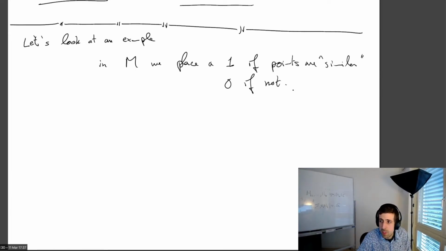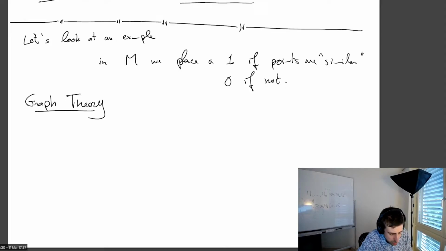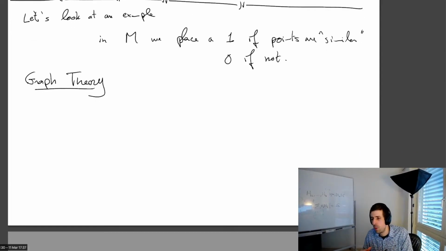And so basically this will take us to graph theory. Okay, so now let's go do graph theory. I'm sorry, but I'm going to change the notation to the notation that's used in graph theory. But it's clear that all I'm talking about is points that are similar getting connected. They have a 1, if not, they're not. And you'll see that it's exactly the same thing as what people do in graph theory.